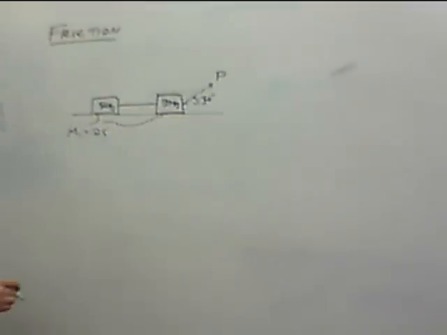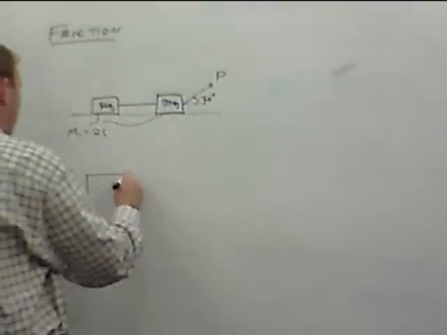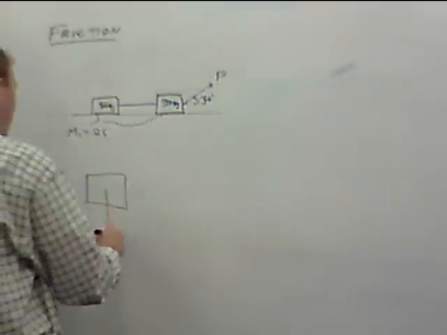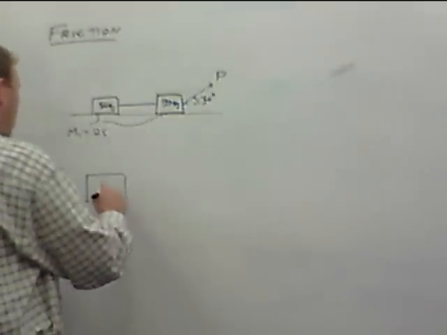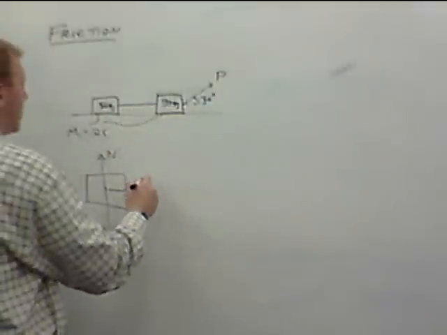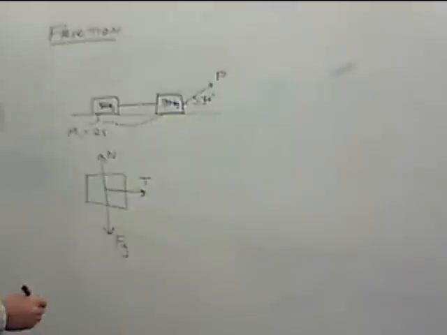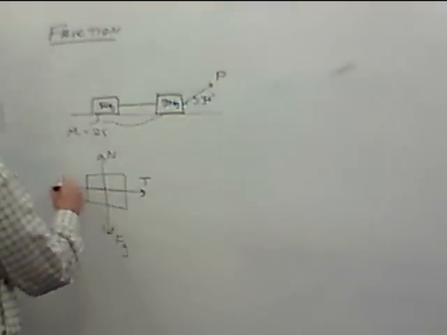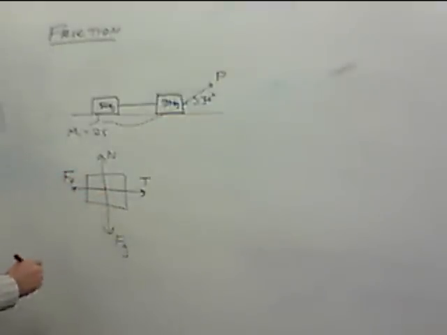All right, we have two objects here. In general, you want to draw a free body diagram of each individual object. So we'll draw the block on the left. It's going to have a weight. It's going to have a normal force. Pulling to the right is going to be the tension in the string, T. And pulling to the left is going to be our force of friction, and this is static for the case when it's not moving.